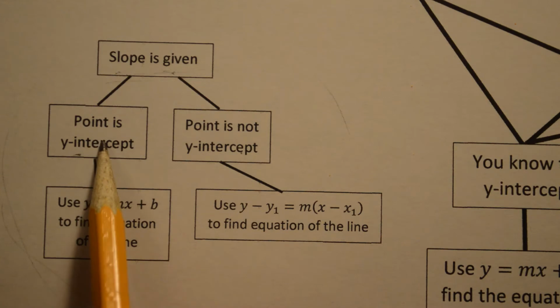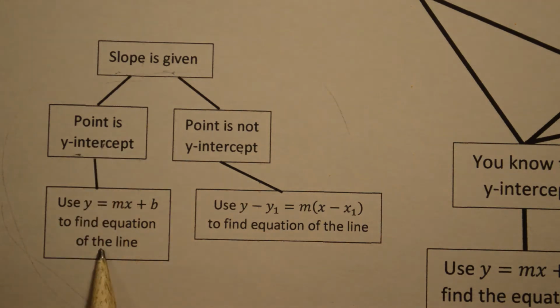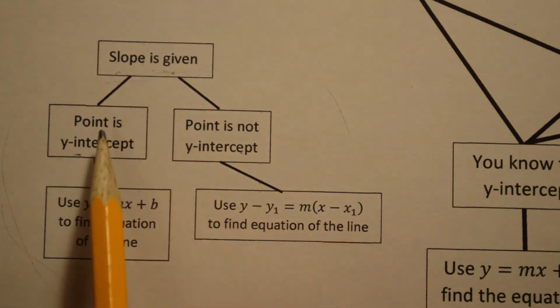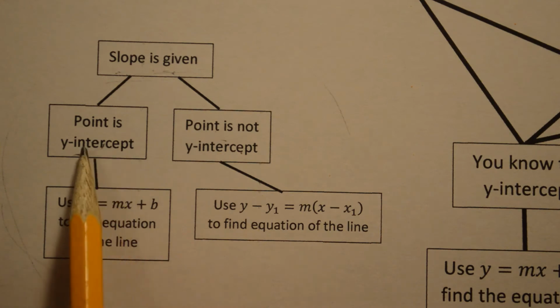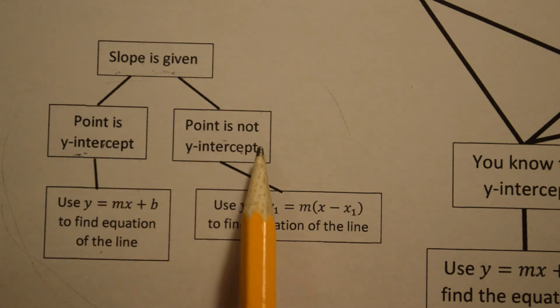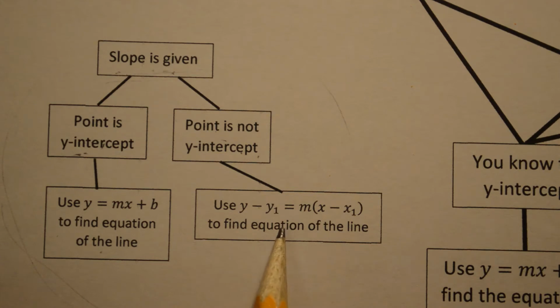If the point is the y-intercept, then you use y equals mx plus b to find the equation of the line. If the point is not the y-intercept, then use y minus y1 equals m times x minus x1 to find the equation of the line. So if you have the slope, you have 2 choices here.